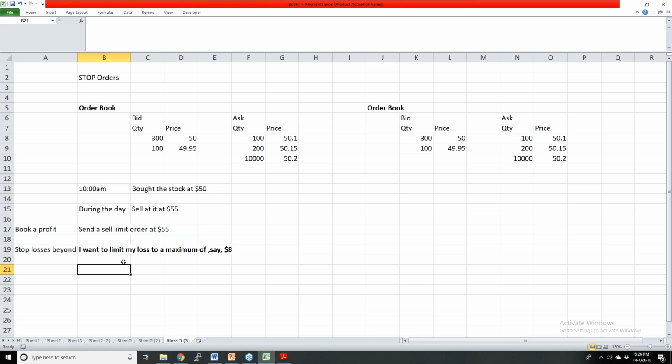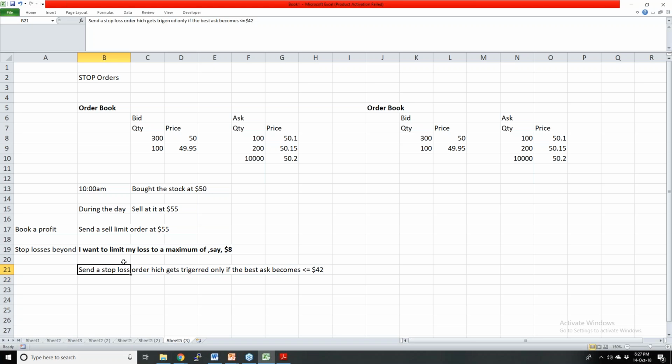So I'll send a stop loss order which gets triggered only if the best ask becomes less than or equal to $42.